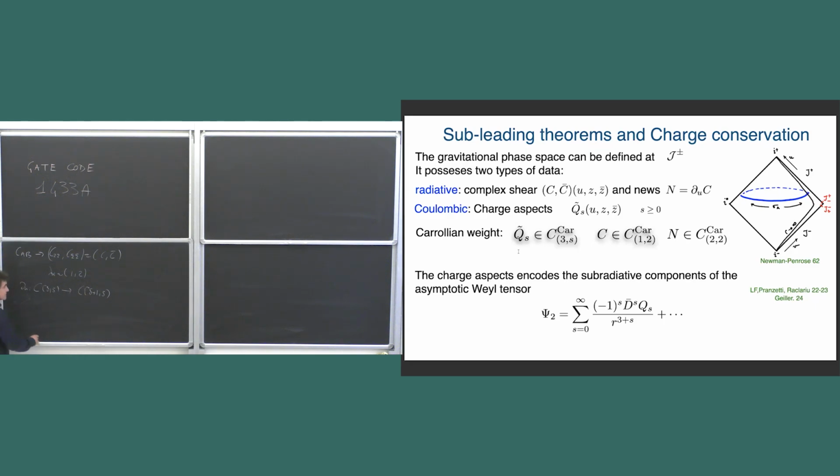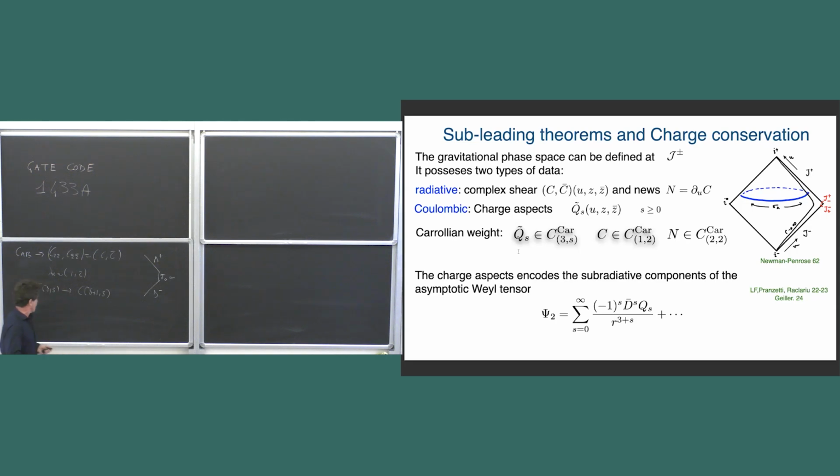This is the data that you will see at I0, but not necessarily the data you can peel off at I0, at spatial infinity, between Scri plus, I0, and Scri minus. So this is what I'm calling Coulombic. This is the data that reveals itself there. And if you try to look at it on Scri plus, you would find that it is kind of sub-additive.